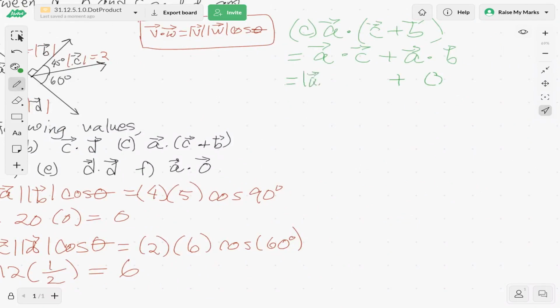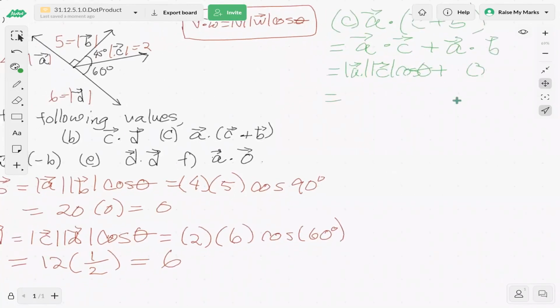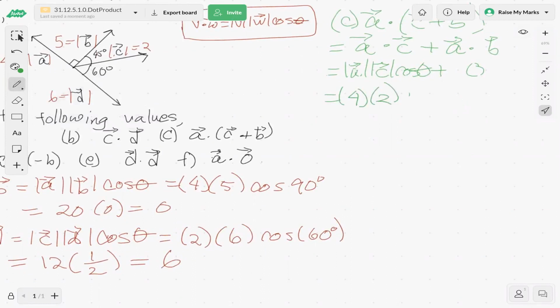Let's find that. It's equal to the magnitude of A times the magnitude of C times the cosine of the angle between A and C. Let's look at our diagram. The magnitude of A is 4, the magnitude of C is 2, and the angle between A and C is 90 plus 45, which equals 135 degrees.